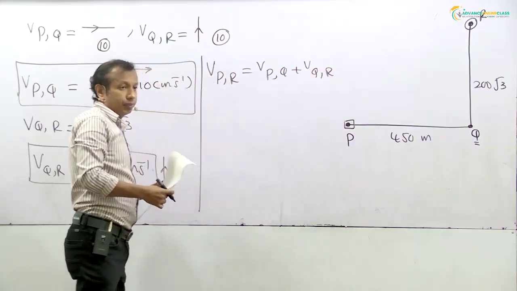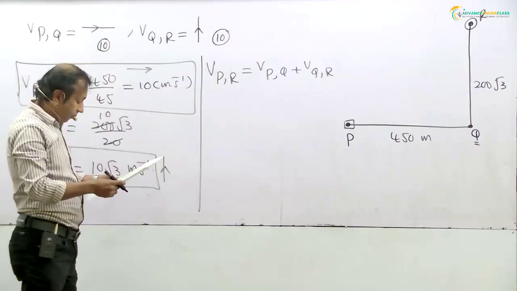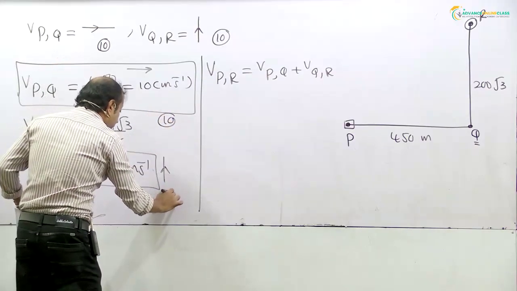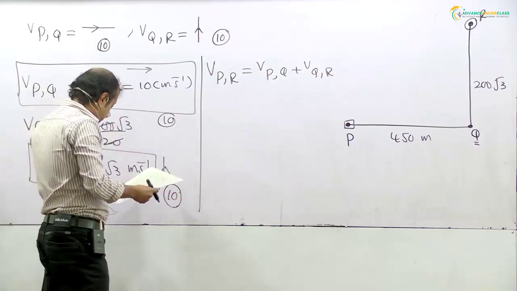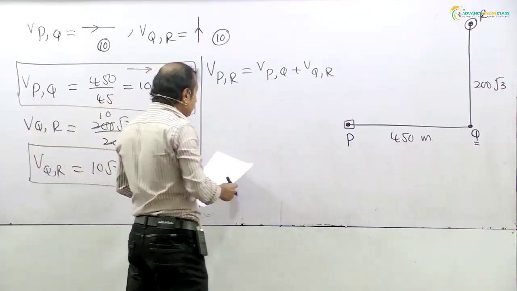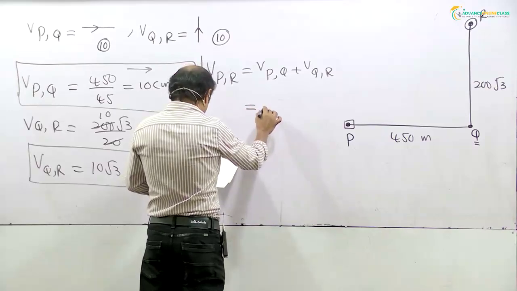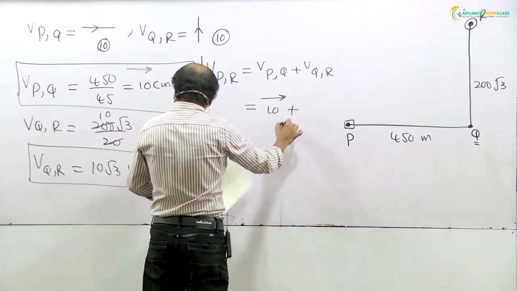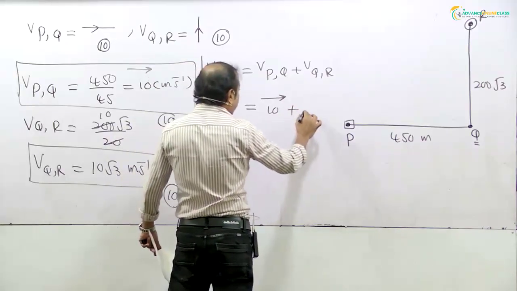Here 10 marks, and here also 10 marks. VPQ this way 10, and VQR this way 10 root 3.